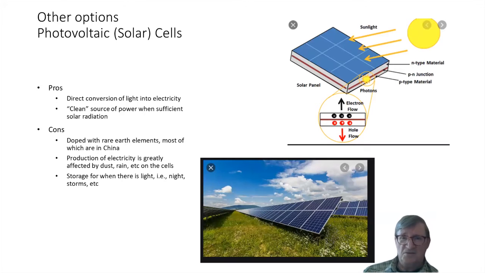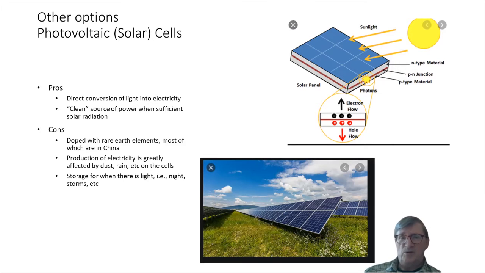This is photovoltaic, which is another option for nice green energy. It does a direct conversion of light into electricity, and it's a clean power source when there's sufficient light. It has a few cons depending on how you look at things.